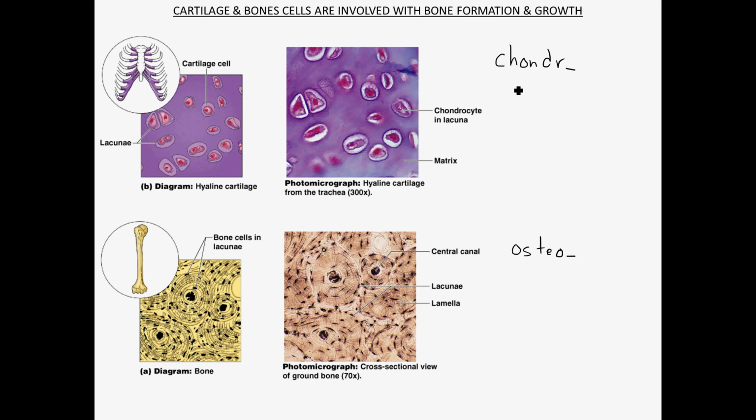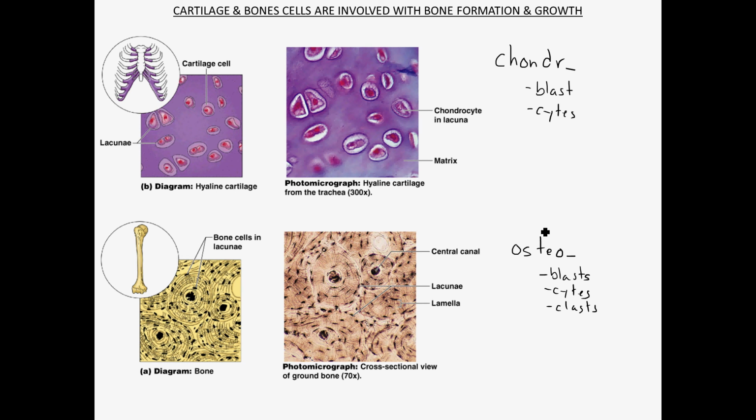So we're going to have chondroblast cells, which are cells that are forming cartilage, and then chondrocytes, which are cells that are maintaining the cartilage. And of course, from other screencasts, we know that we have osteoblasts, osteocytes, and osteoclasts. So we're going to be seeing these cells here.